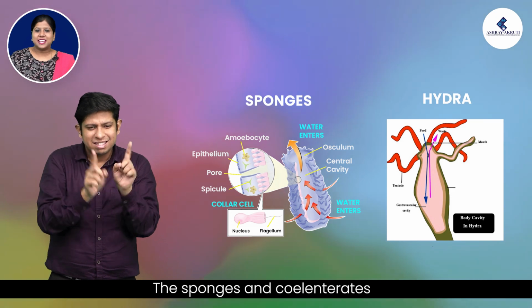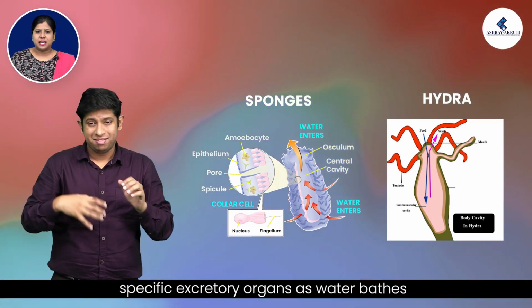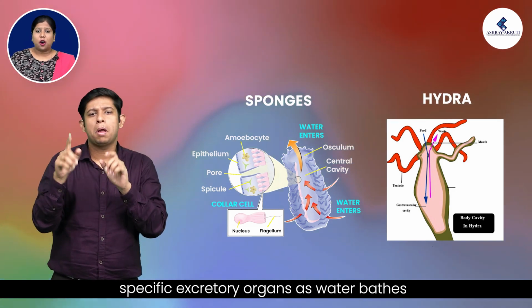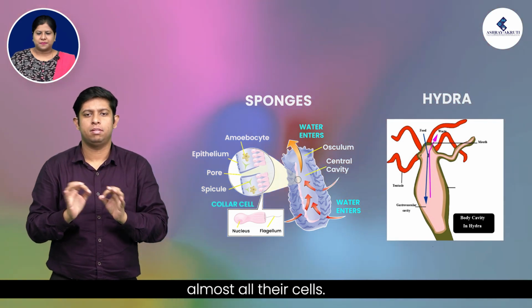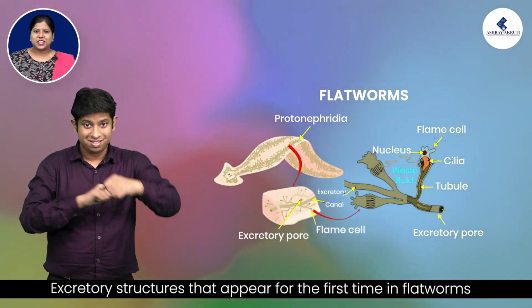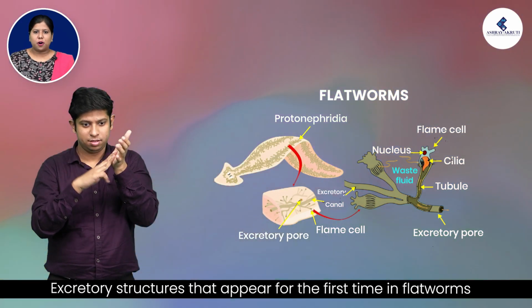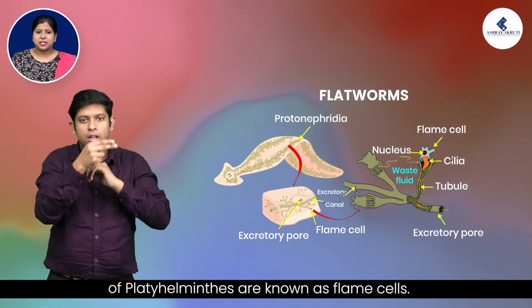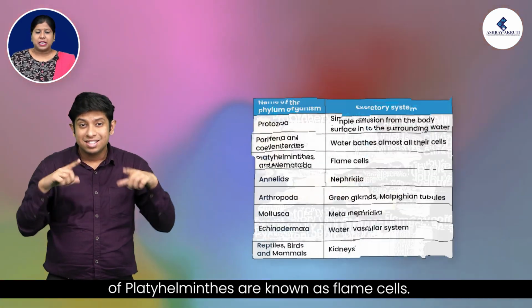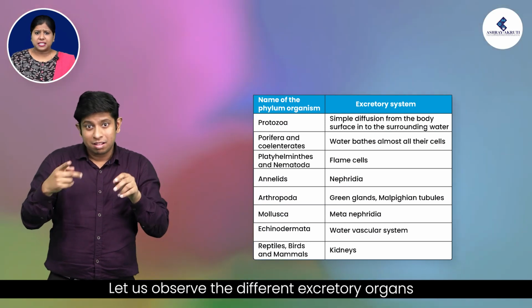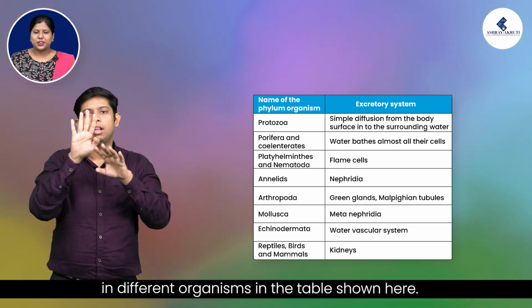The sponges and coelenterates do not have specific excretory organs as water bathes almost all their cells. Excretory structures that appear for the first time in flatworms of Platyhelminthes are known as flame cells. Let's observe the different excretory organs in different organisms in the table shown here.